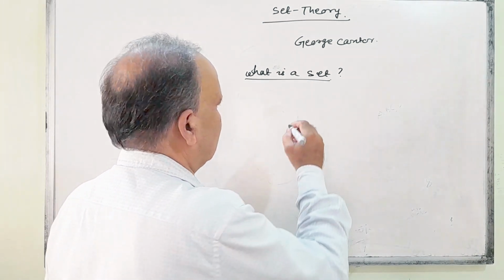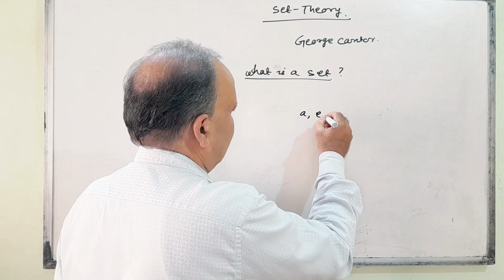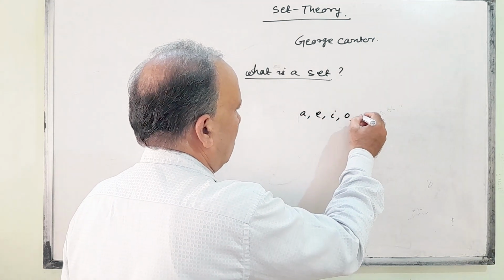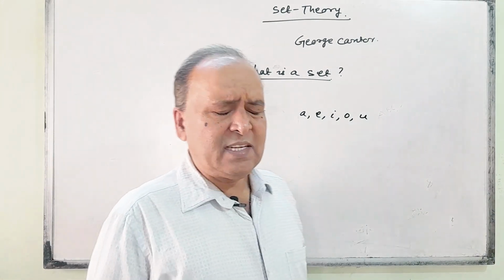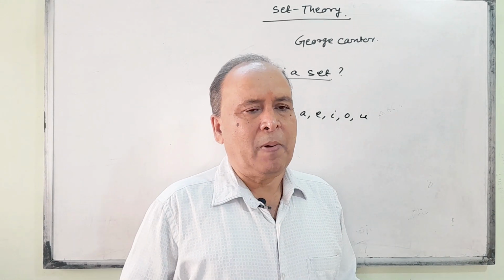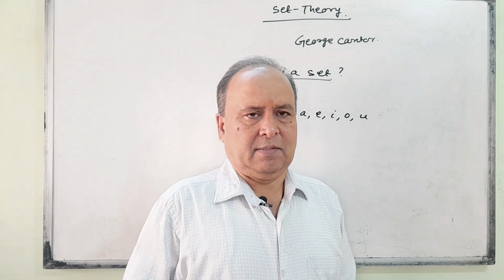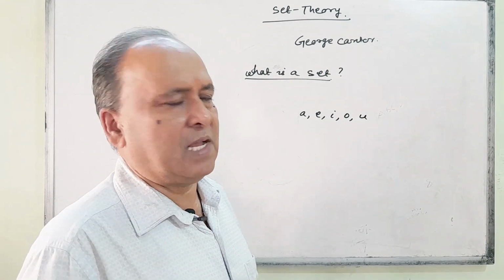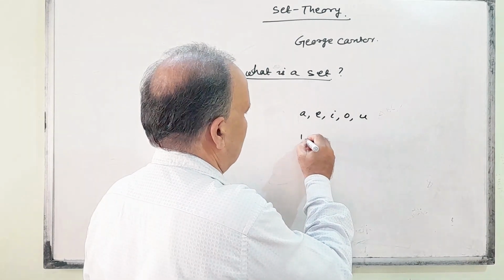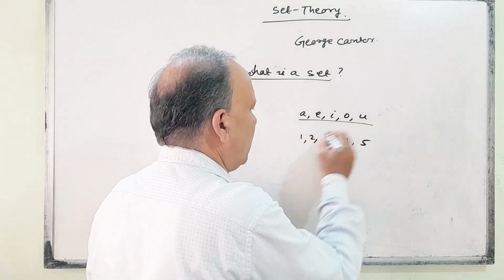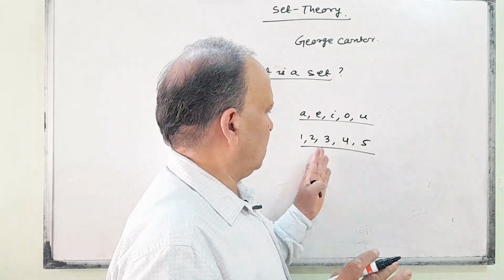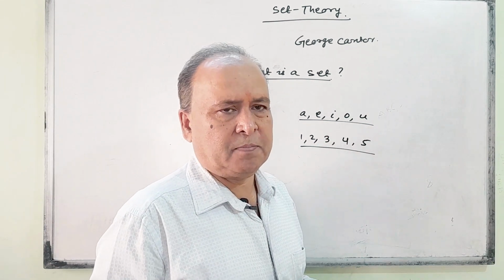Everybody will say these are A, E, I, O and U. Next, tell me the first five natural numbers. Then these are 1, 2, 3, 4 and 5. These are well defined because everybody knows these numbers.